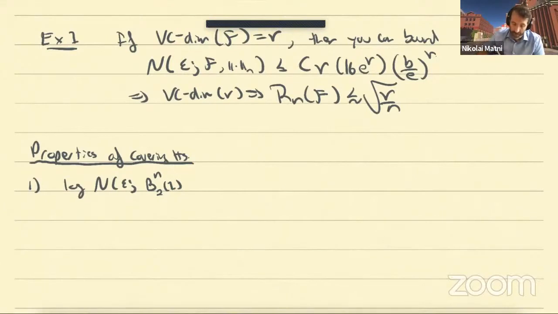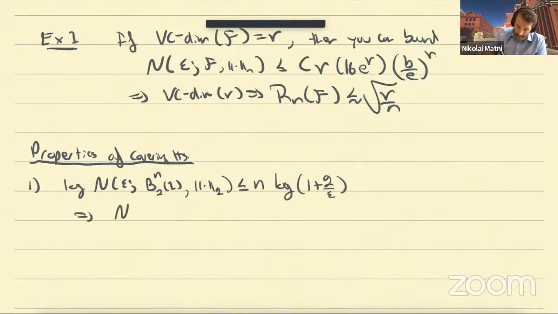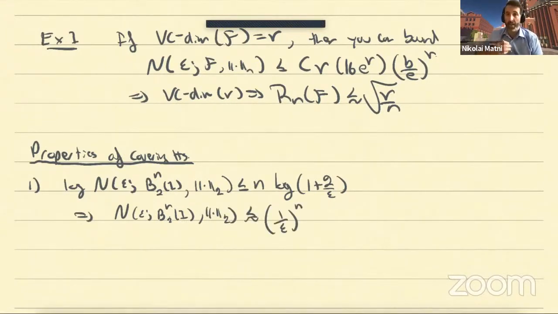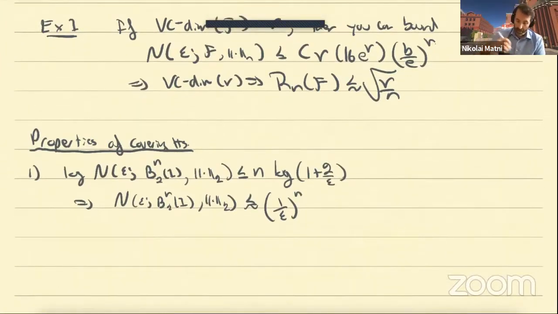What I'm saying here is that the covering number of the Euclidean ball in R^n, with respect to the metric induced by the Euclidean norm, is less than or equal to n log(1 + 2/epsilon). All right, so this is essentially saying that my covering number is upper bounded by, up to constants again, 1 over epsilon to the n. So we have this exponential dependence that kind of makes sense. So you can convince yourself that this makes sense just by making a few pictures.